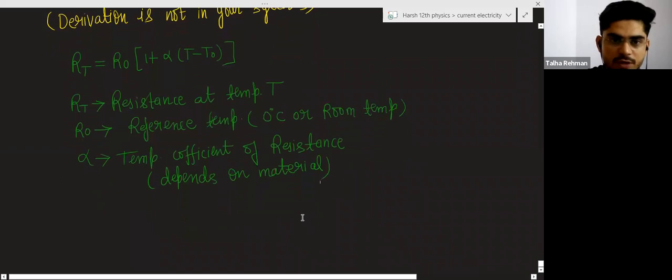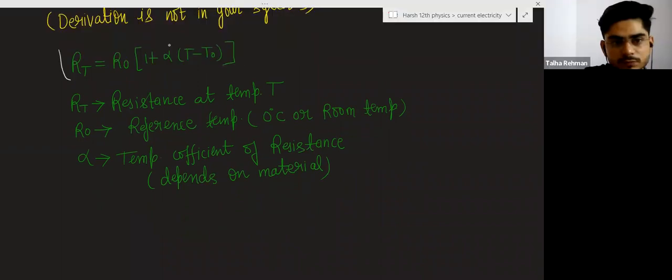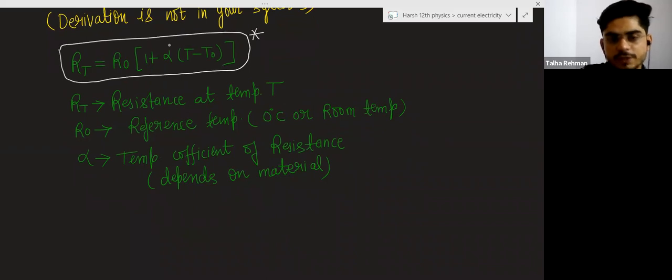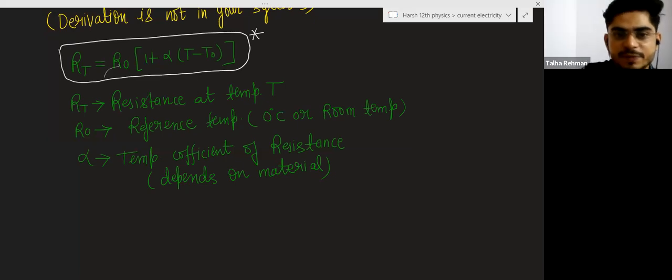So this is the formula. In the numerical, you can use this formula. Derivation is not the part of your syllabus. So there can be numericals. They can give this data and ask any one of the data, like they can ask temperature or resistance accordingly.